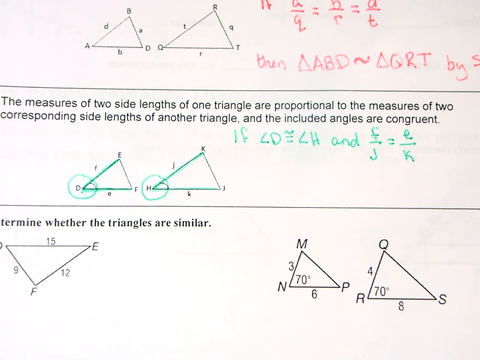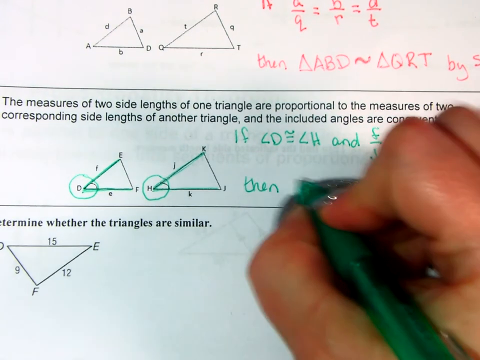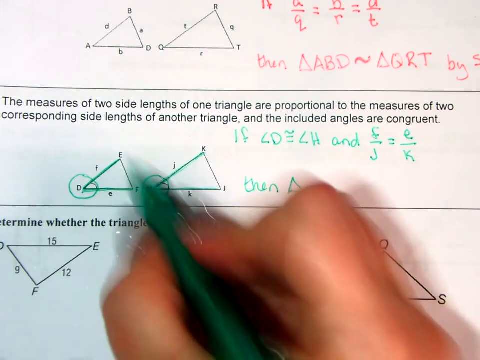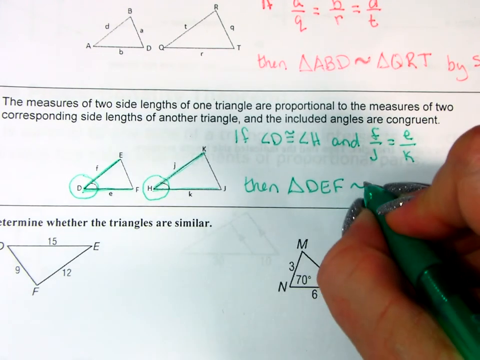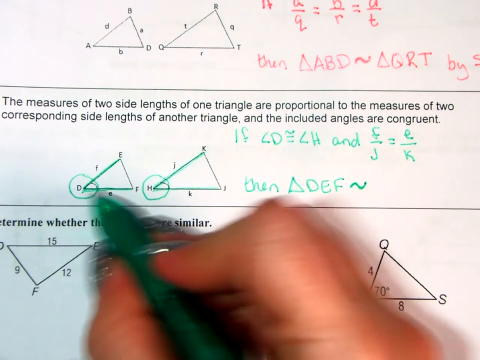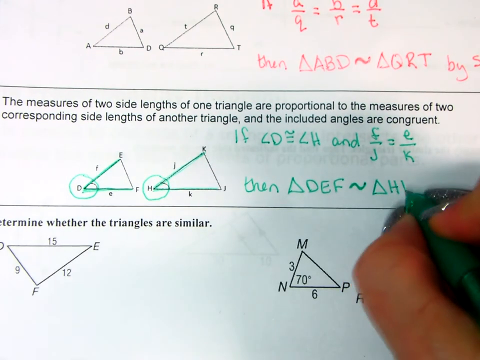If those angles are congruent and if those two fractions are equal, then my first triangle DEF would be similar to triangle HKJ.